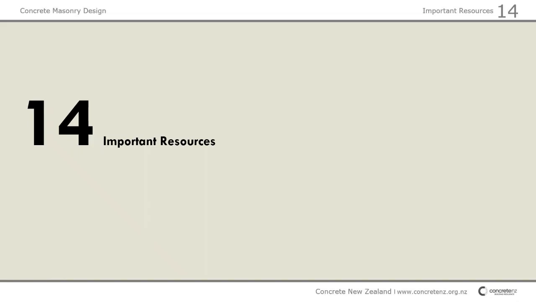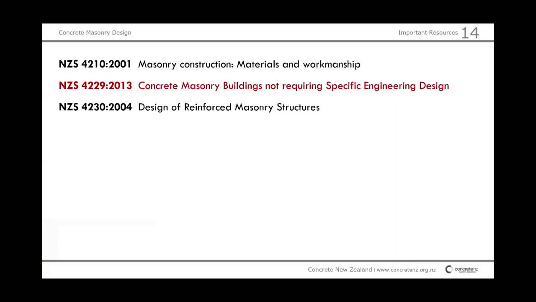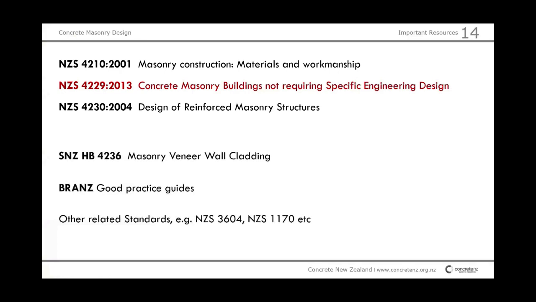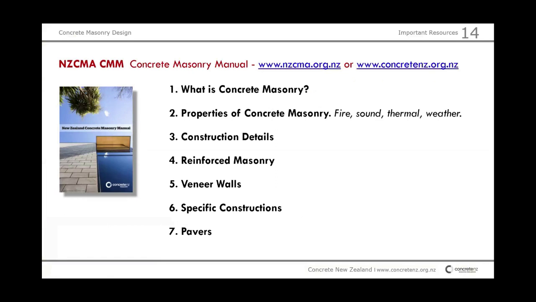My last section. We talked about all these standards. There's also material given from BRANZ and Standards New Zealand. But what I want to point out is on our webpage, concretenewzealand.org, under the masonry sector group, there is heaps of information for you, which is all related to 4229 and 4230, but has more detail. We have written a very comprehensive book, the New Zealand Concrete Masonry Manual.